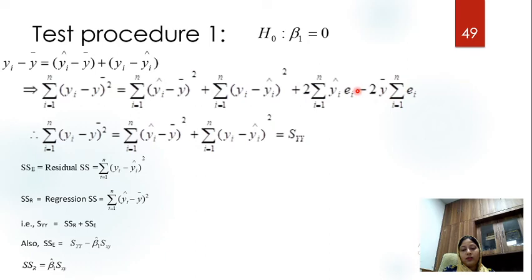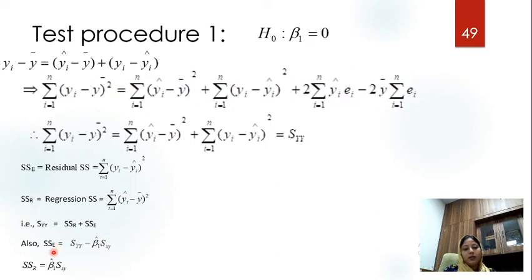Also the sum of errors weighted by yi hat is also 0. So we are left with summation of y minus y bar square equal to summation of yi hat minus y bar square plus summation of y minus yi hat square, which is equal to Syy. The sum of squares due to error, or residual sum of squares, is this, which we have discussed. The sum of squares due to regression is summation of yi hat minus y bar whole square. That is, Syy can be expressed as the sum of two non-negative quantities, SSR plus SSE.